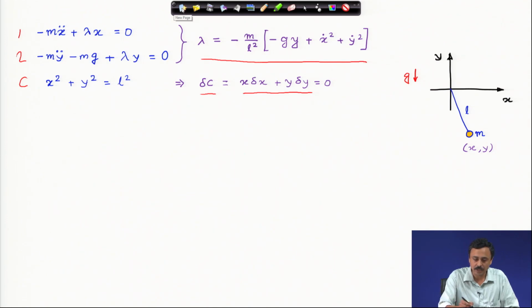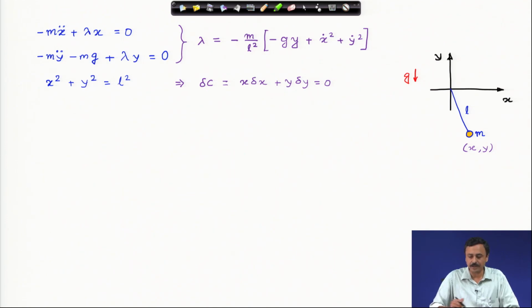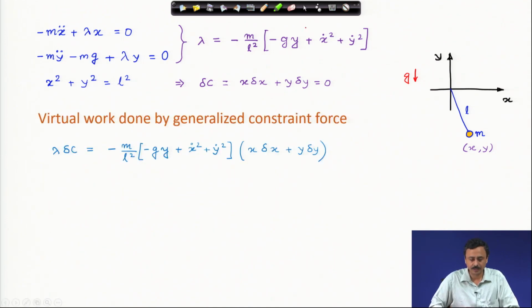Now, we are going to interpret. The virtual work done by the constraint forces is given by lambda delta c. In this case, we have only one constraint, therefore, the dot product is just lambda times delta c. There is only one Lagrange multiplier, lambda delta c, and this is what we have. We have all the expressions: the expression of lambda written above, and the expression of delta c.